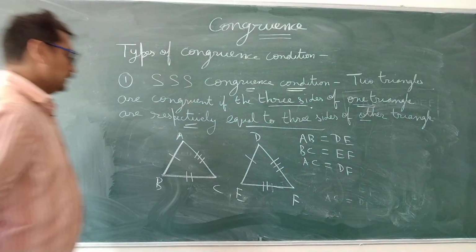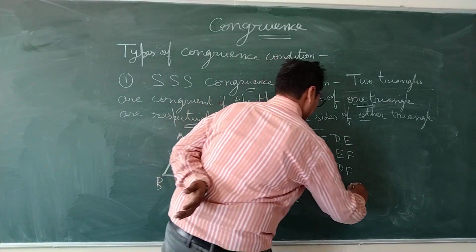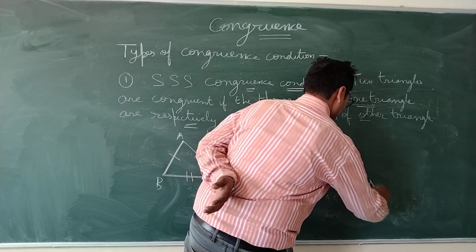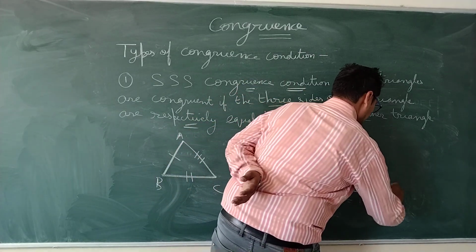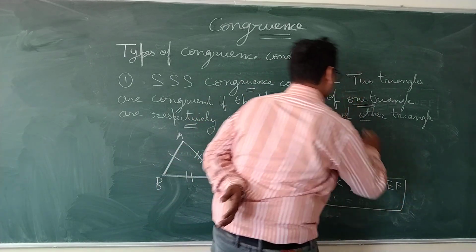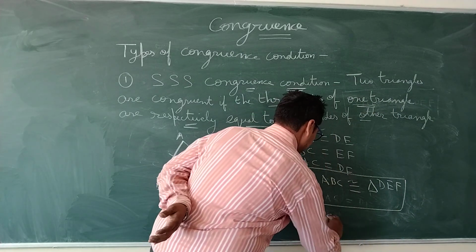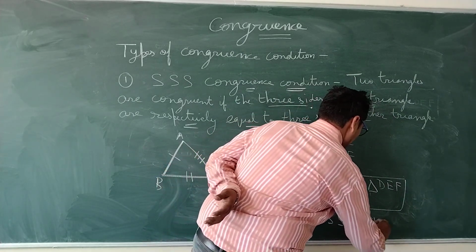Then we can say triangle ABC is congruent to triangle DEF by SSS. This is the SSS congruency.